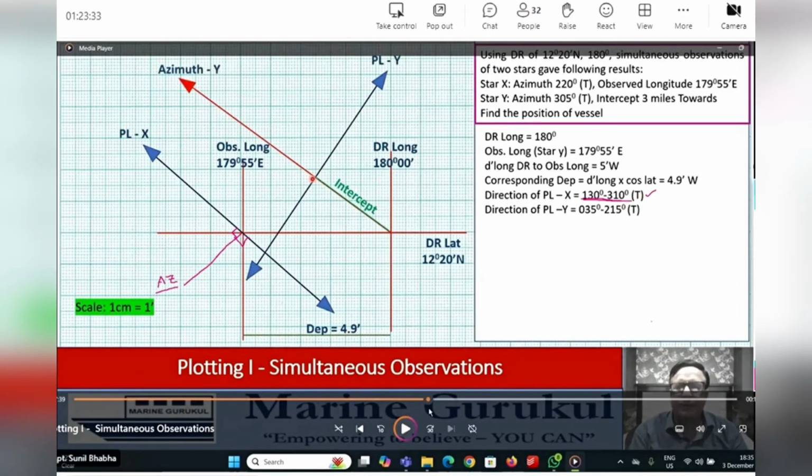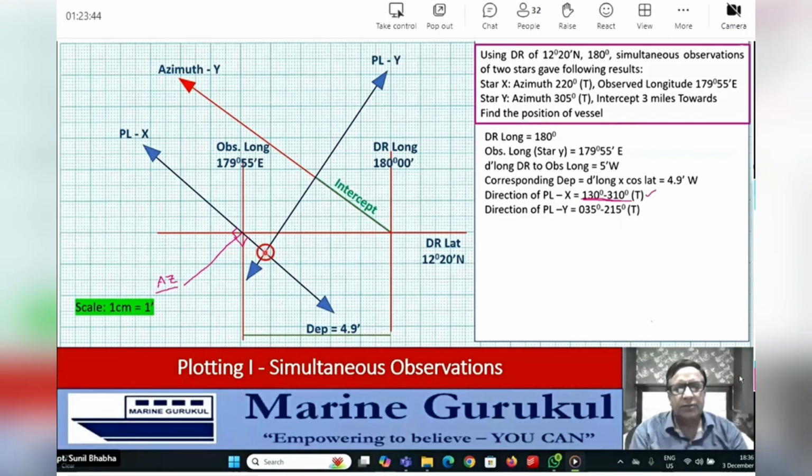Going back to the question now, beta. This is where we are. Identified the fix. Since both the PLs are for the same time, therefore this is where the fix is. We read off the D lat for the fix from the DR lat, which is 0.7 minutes south, and likewise we also read off departure, which is 0.8 minutes east of the observed long.